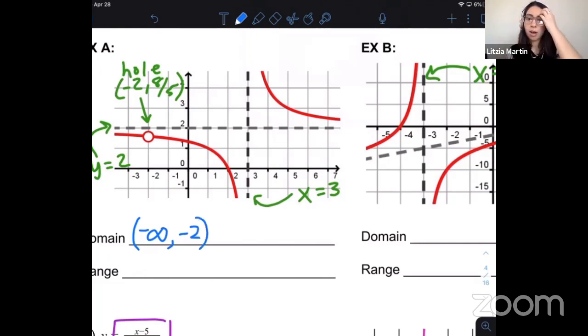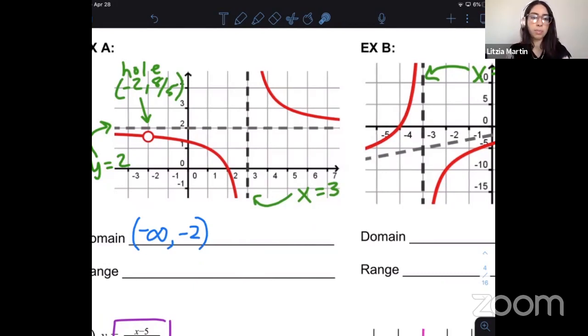This is our interval notation. We see that negative infinity is starting on the left side. It goes all the way up to -2, but not including -2. That's why I did an open parenthesis here. So that means we're going to go all the way up to -2, but not include -2.